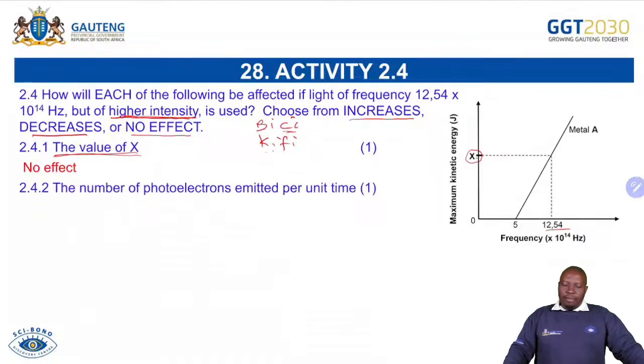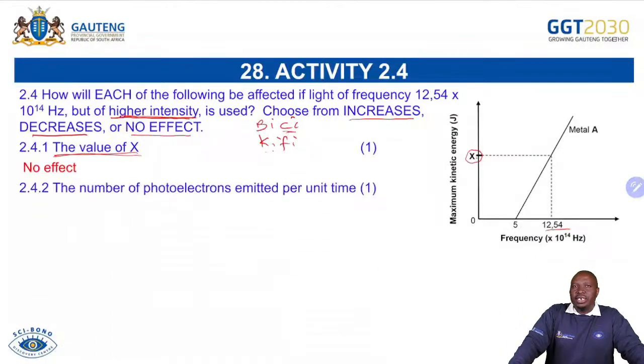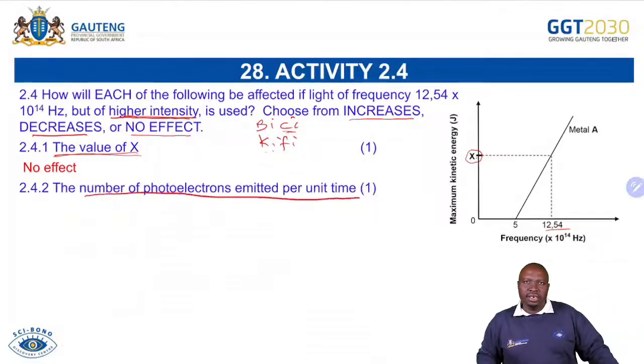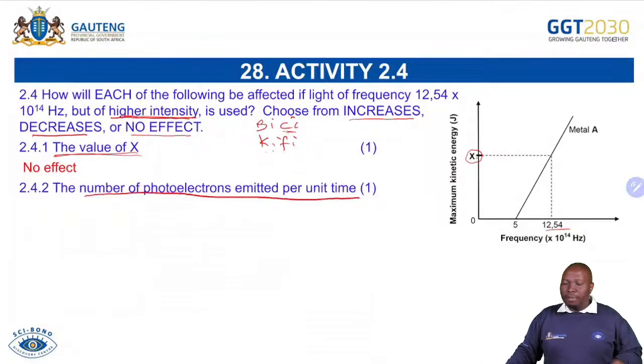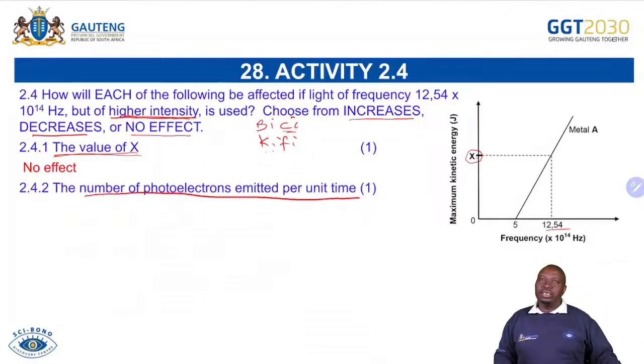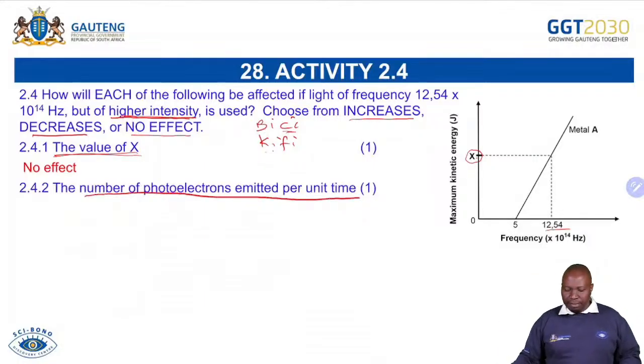Now, what will happen to the number of photoelectrons emitted per unit time? You see, I'm happy because you can see we refer to that as the number of photoelectrons emitted per unit time. Even the language is of importance in this section, so that we are consistent with how we answer this type of question.